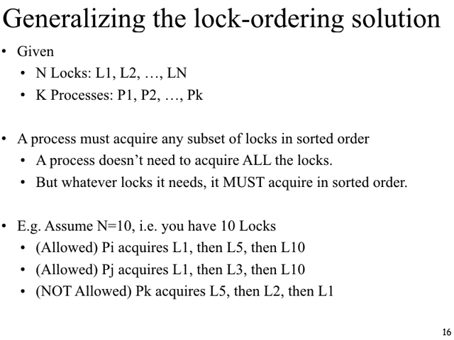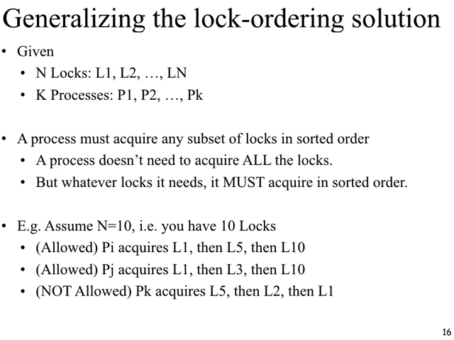So as an example, let's say that you have two processes Pi and Pj. Pi acquires locks L1, L5 and L10. Pj acquires the locks L1, L3 and L10. These are allowed because both Pi and Pj are acquiring locks in the order in which locks are sorted.